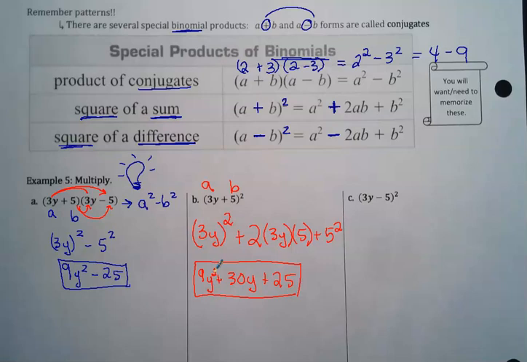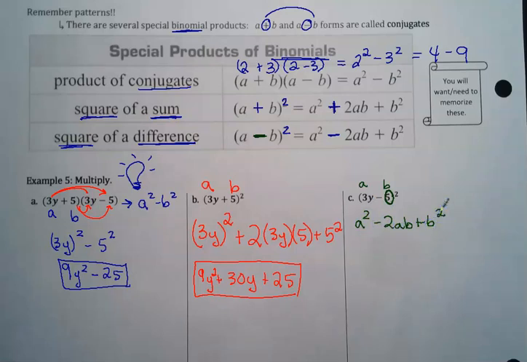Awesome. Let's look at C. Which special product does it match? The square of a difference, right? We have a difference here. So our A is 3y, our B is 5, okay, because we're matching, this already has a minus, so the B is just the 5 here. You don't take the minus sign as part of it, because the minus sign is accounted for in the formula, okay? That's the one tricky thing that you do have to remember with the formulas. All right, so this matches that A squared minus 2AB plus B squared, okay?